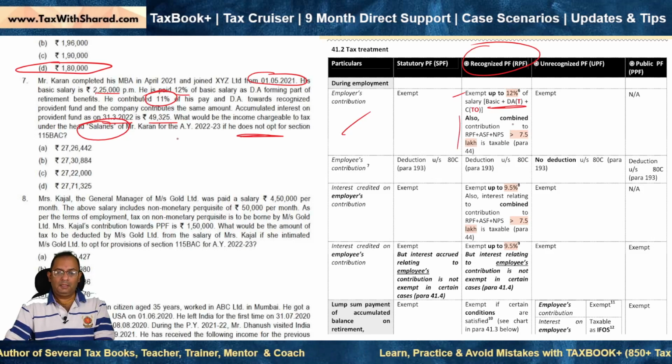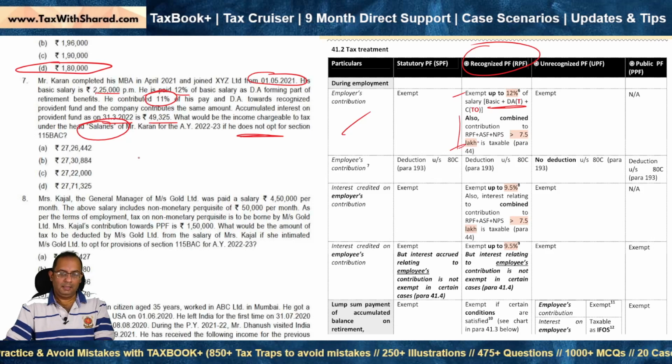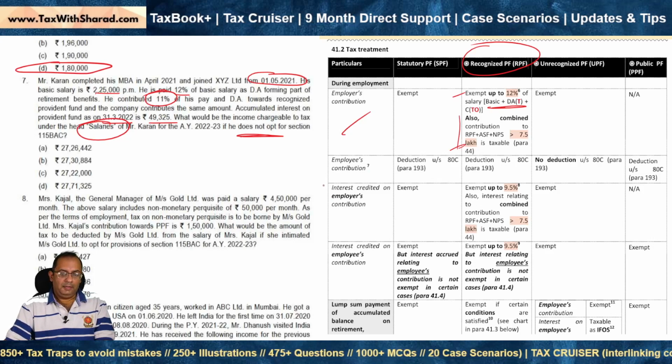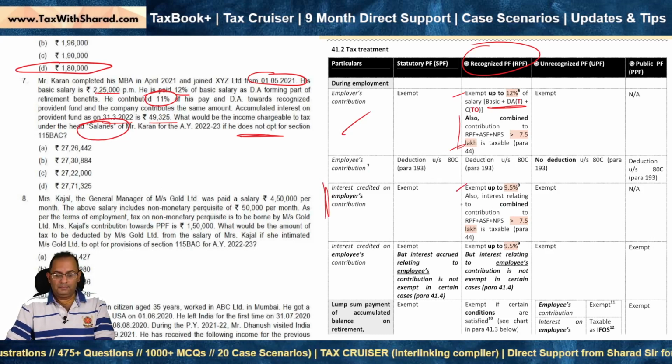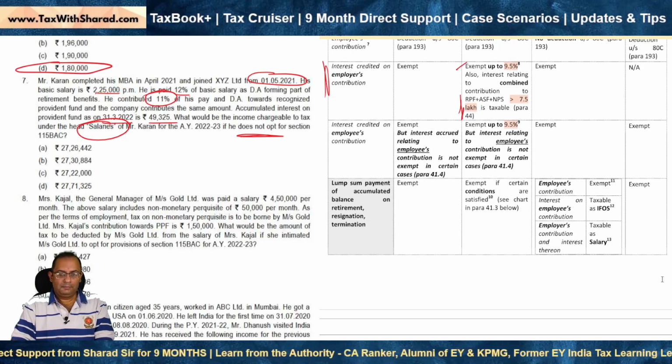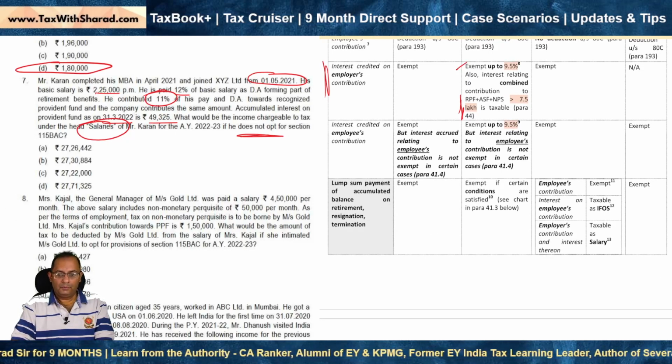Also, it is taxable if the combined employee's contribution for recognized provident fund plus approved superannuation fund plus NPS exceeds 7.5 lakh, which is not our case, right? Interest credited on employee's contribution is exempt up to 9.5%. And if the RPF, ASF, NPS contribution exceeds 7.5 lakh, then the attributable interest also gets added as per computed under the relevant rule.